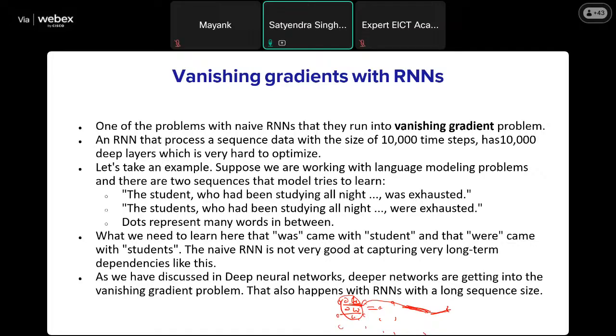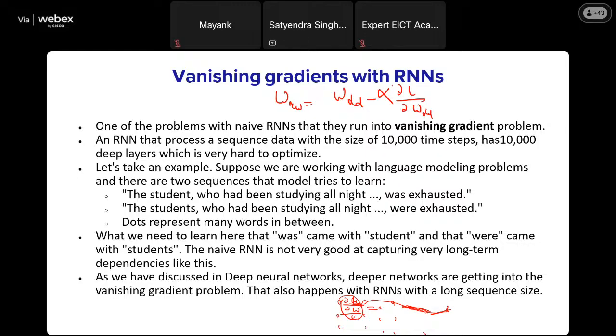And if you have those gradients near to zero, the problem is when you update weight using this equation, W new is equal to W old minus learning rate times the derivative with respect to W old.